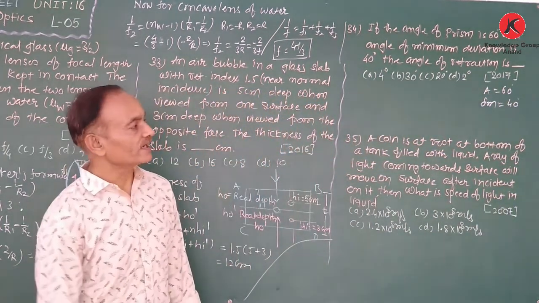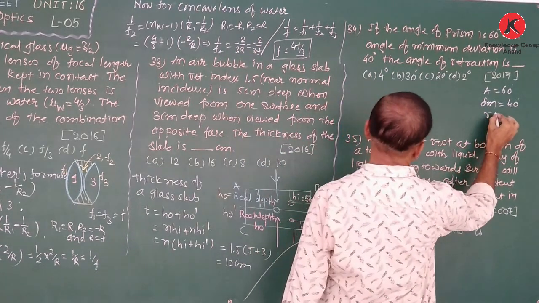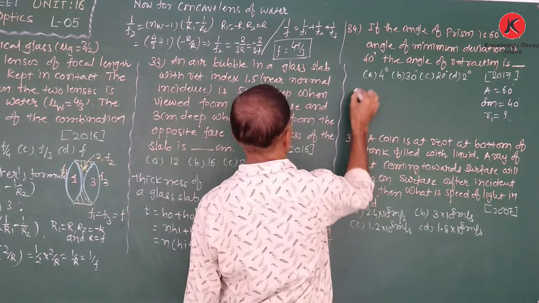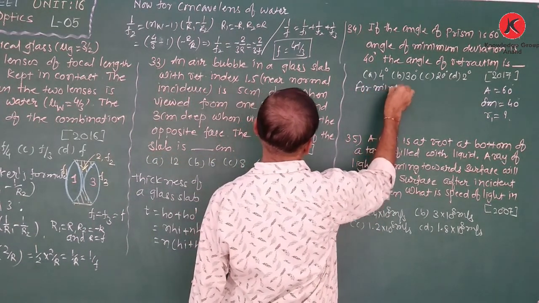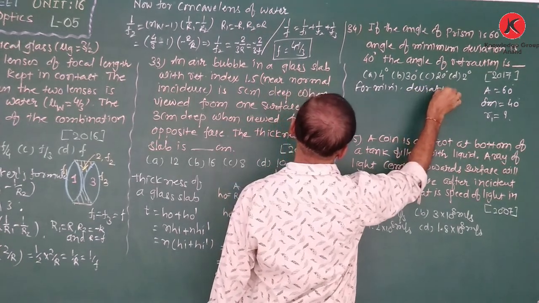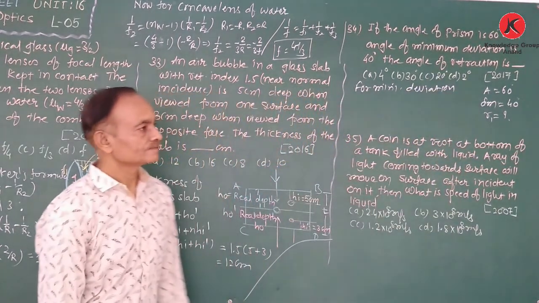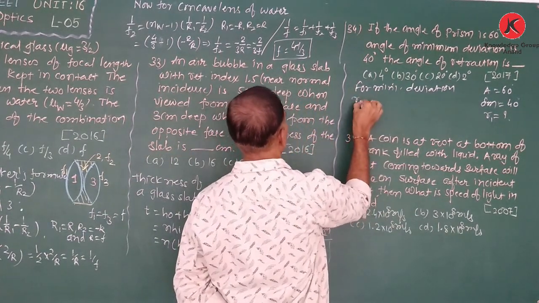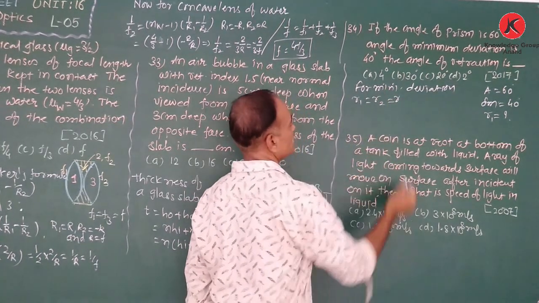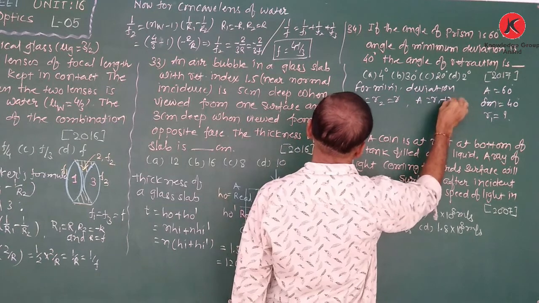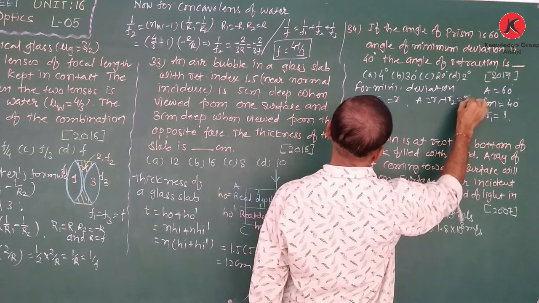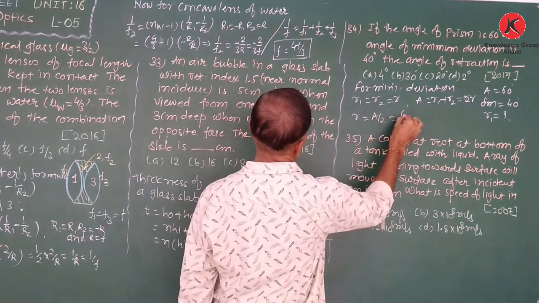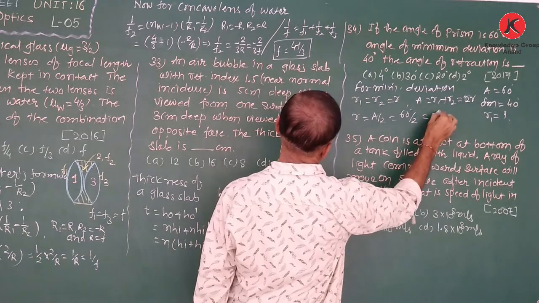We have to find out the angle of refraction, I1 or R. For minimum deviation, I1 is equal to I2 is equal to I. But we know that A is equal to I1 plus I2, that means 2I. Therefore I is equal to A by 2. A is given 60 by 2, that means 30 degree.